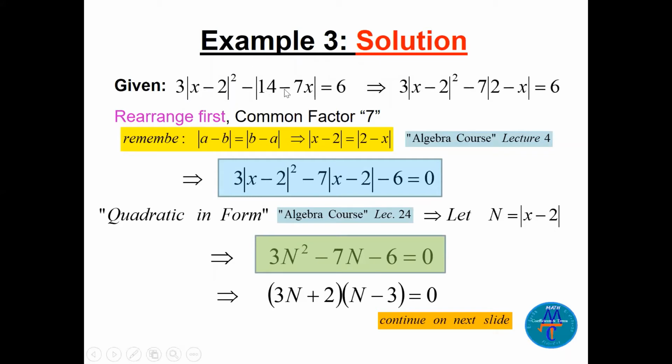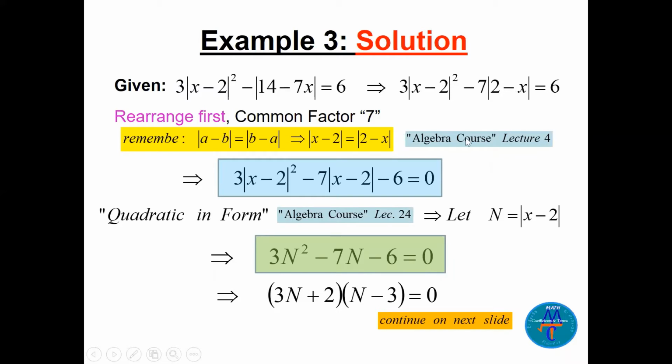So just take 7, positive 7, remember. You cannot take any negative value outside the absolute value. So take common factor 7 only. But inside now we see 2 minus x in the absolute value, and here we have x minus 2.